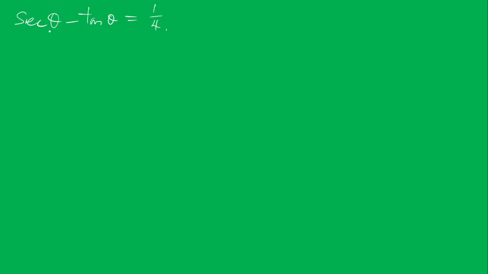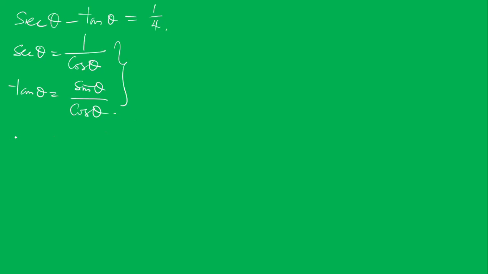Now you have sec theta minus tan theta equal to 1 all over 4. You know sec theta is the same thing as 1 all over cos theta, while tan theta is equal to sine theta divided by cos theta.